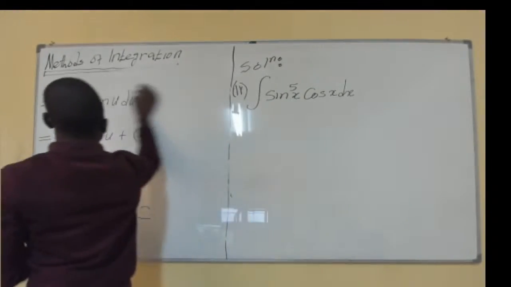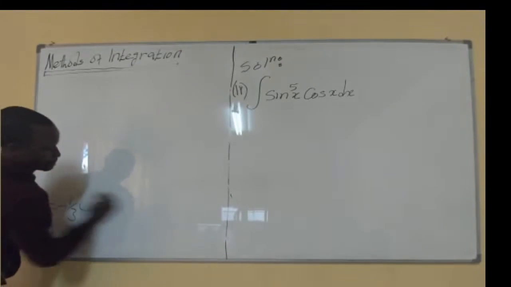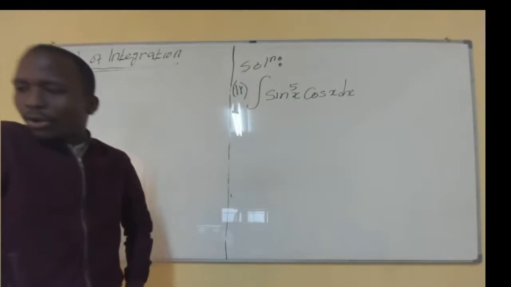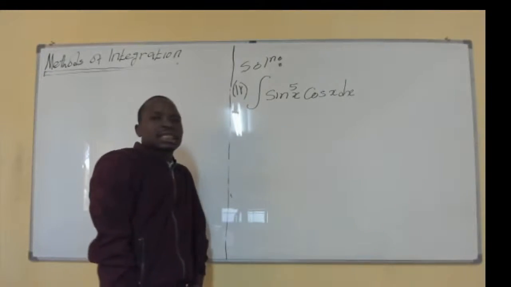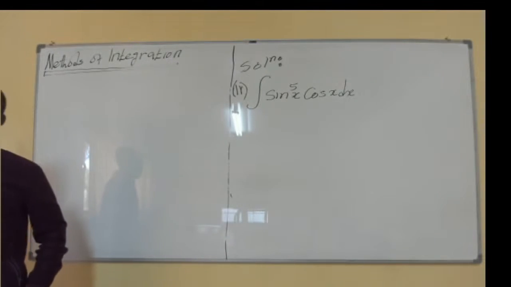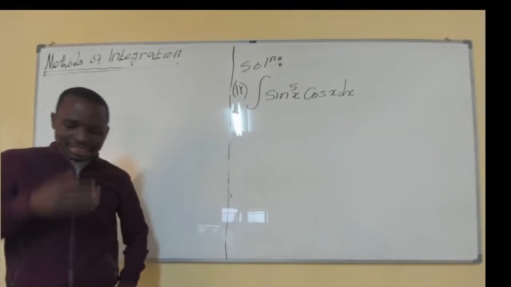Let me just wrap this part. So we are looking at the integral of sine to the power 5 of x, sine x to the power 5 multiplied by the cosine of x dx.